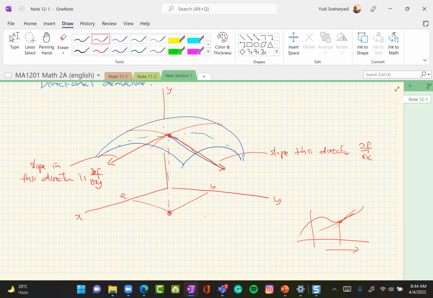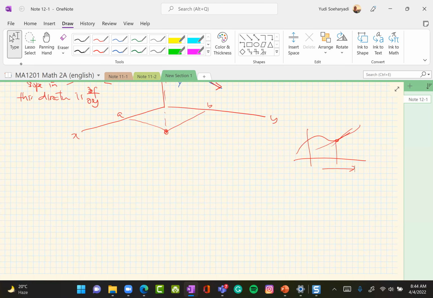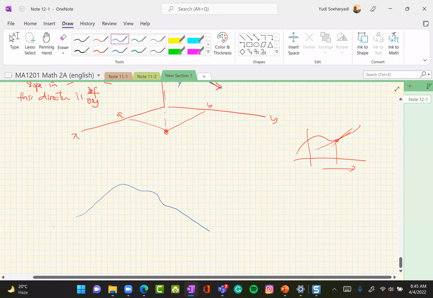you see that the slope may be different in any direction you're facing. Okay. So here, for example, your mountain. So you're standing here, or a hill, actually. You're standing here, and you start looking around 360 degrees. So in this direction, you're going down.